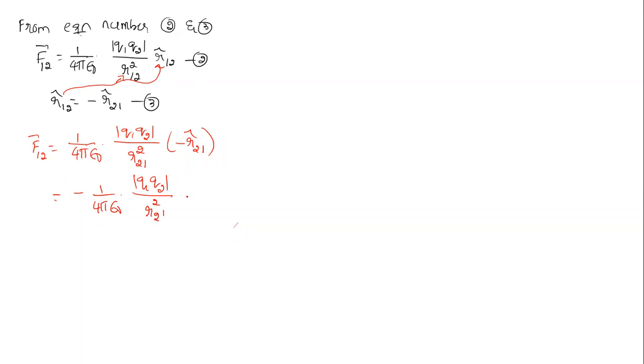This R21 cap is there, no? Now, do you remember equation number 1? F21 vector equal to 1 divided by 4 pi epsilon naught magnitude of Q1 Q2 divided by R21 square into R21 cap. Now look at the equation we have taken here, F12 vector.